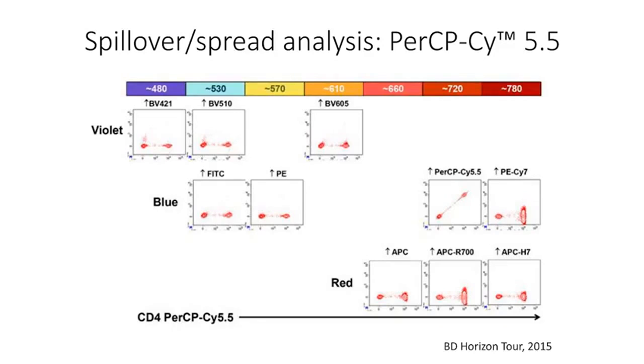And so you really could only detect a relatively bright signal on the CD4 positive cells as opposed to the CD4 negative cells where your resolution would be better. So this is referred to as spread, and it impedes your sensitivity. And it's the other side of the coin we need to consider besides fluorochrome strength. Now, in the case of PerCP-Cy5.5, there is spread in PE-Cy7. There is also substantial spread in APC-R700, to a much lesser extent in APC and APC-H7.